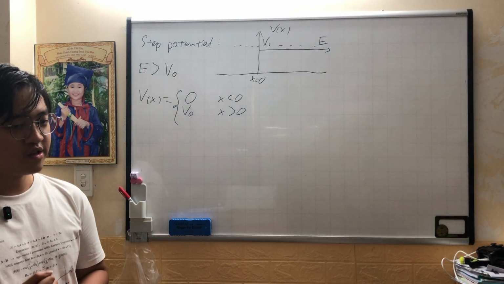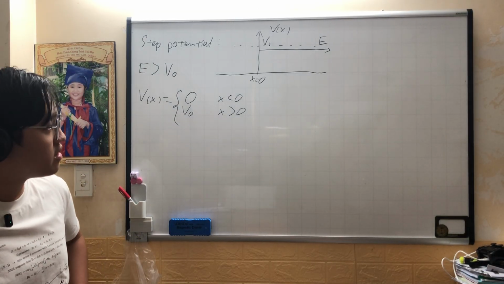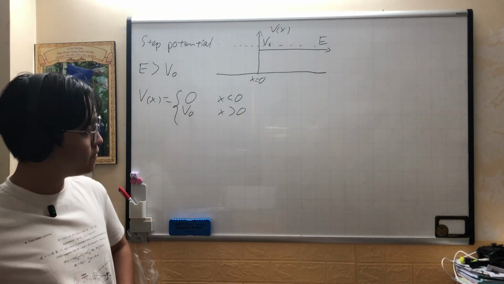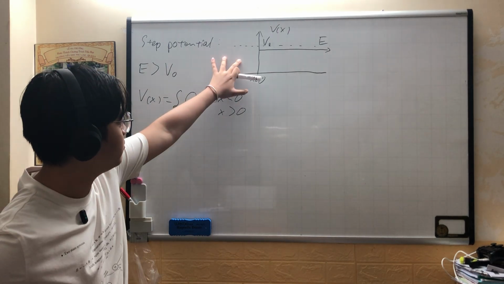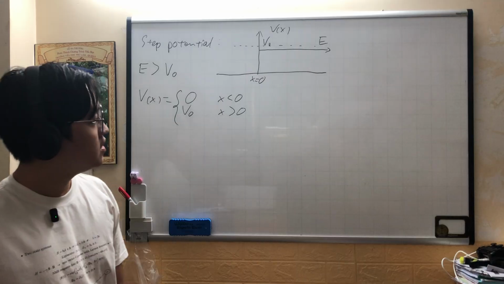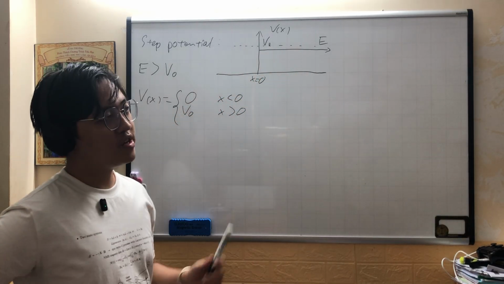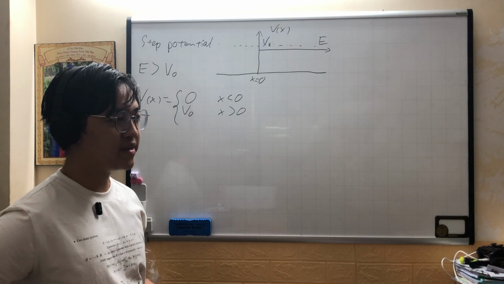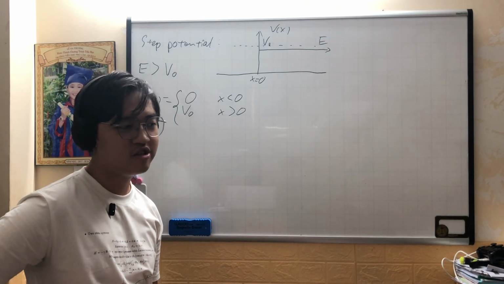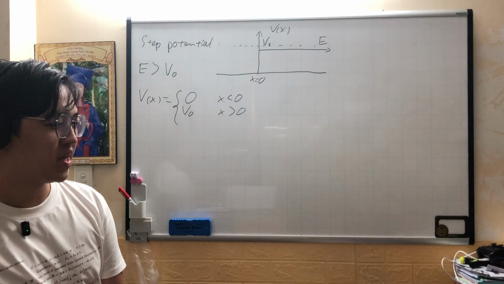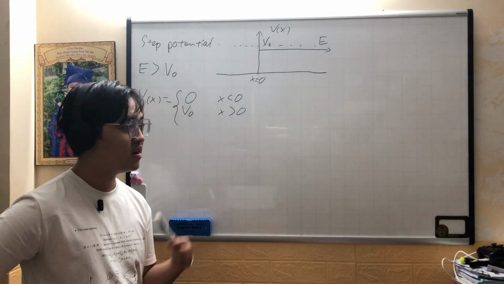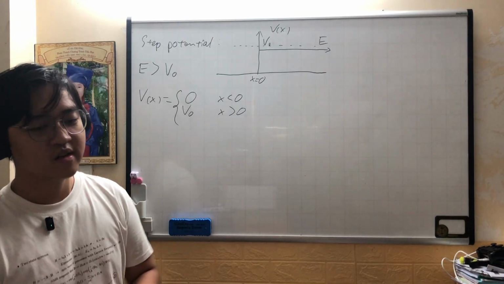So what we want to do here is figure out how our wave function would look in this region and this region. Since the potential here is not infinite, there would be some of the wave function that managed to leak through, and that is called quantum tunneling.